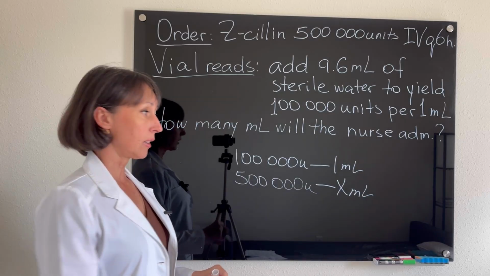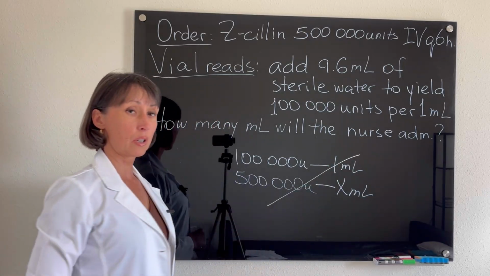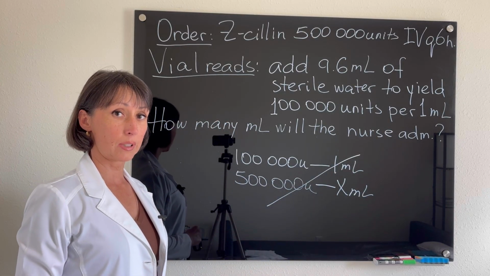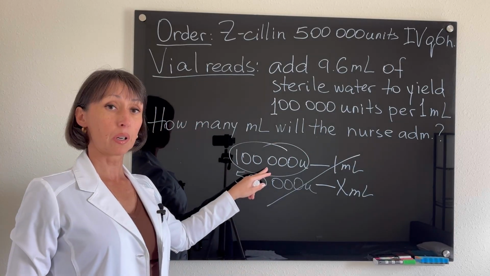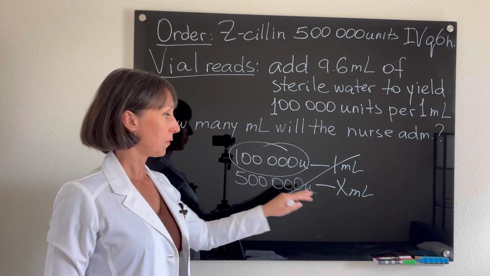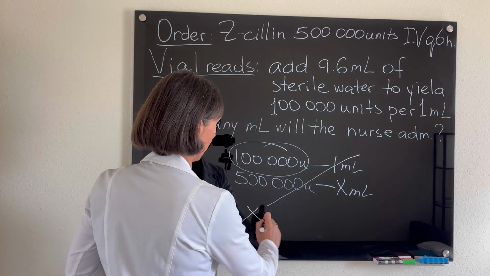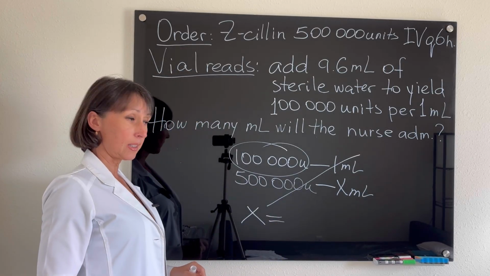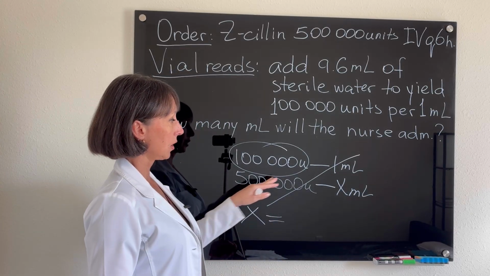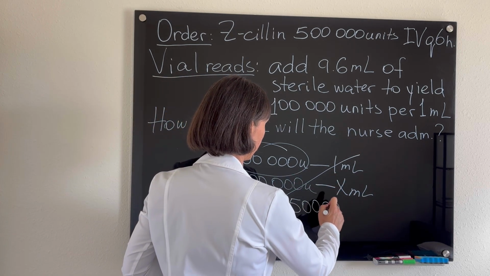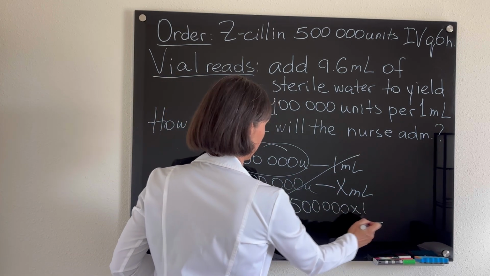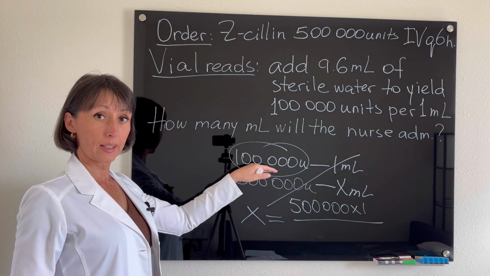Next, I find a diagonal with two numbers, and I'm going to multiply these two numbers. And this third number, I'm going to divide by it to find my X. So in this case, my X equals 500,000 times 1 divided by 100,000.